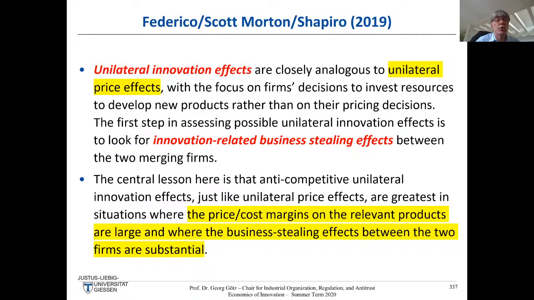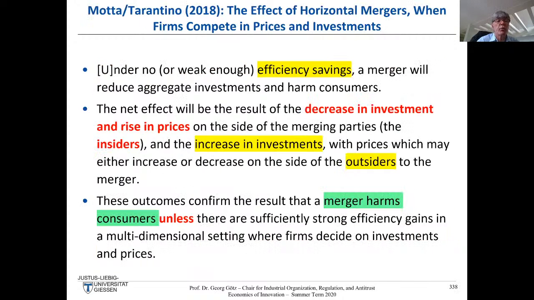So I don't want to tell you these details. This is about merger regulation where you have unilateral effects. I will show you that in passing, and also these from the Motta-Tarantino working paper here.